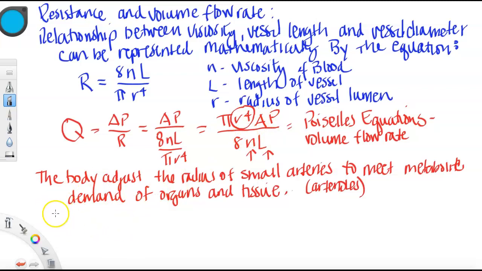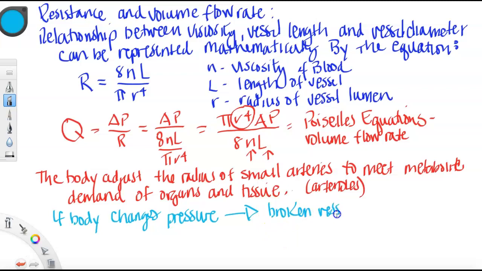So if the body manipulates or changes the pressure, like through the heart, instead of the vessels, then you get higher pressure going through capillary beds, and that's going to break vessels. So you end up with broken vessels or decreased perfusion.